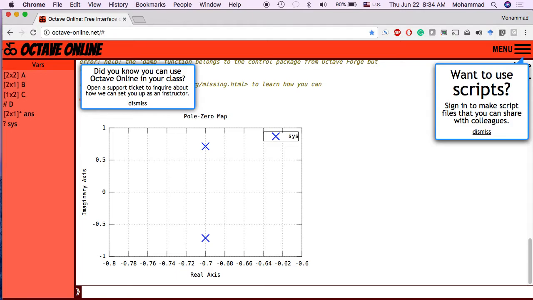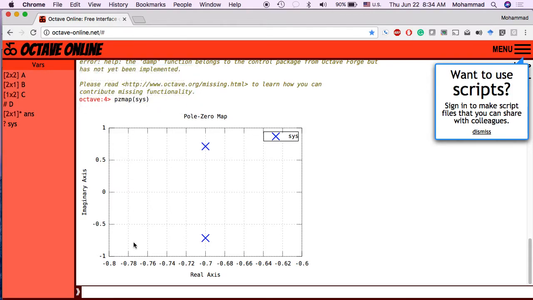That's okay. So I gave A, B, C, and D, the four matrices, and created a state space model. So I already created the state space model by defining A, B, C, D, the four matrices. Let me bring them up one more time.